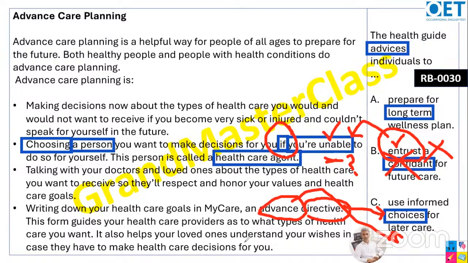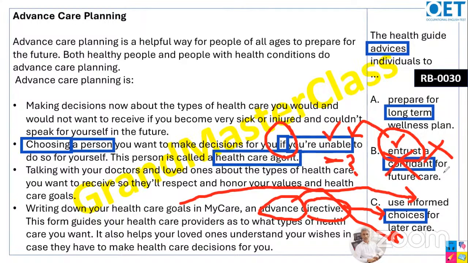In future, if you cannot, then these points can help you definitely. Because you are writing down the healthcare goals, whoever reads this information will use it. And in the future, you can also use it, because you know what you want. When you mention all these things, that will be useful for you.